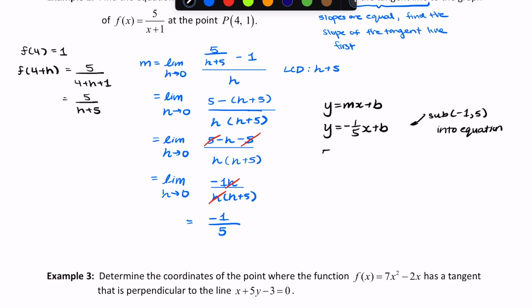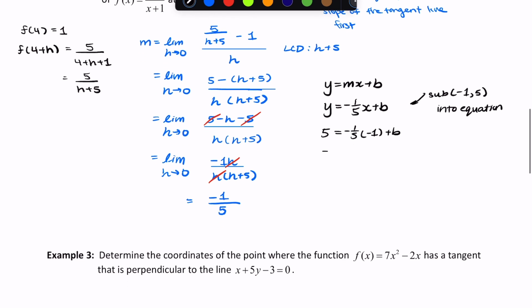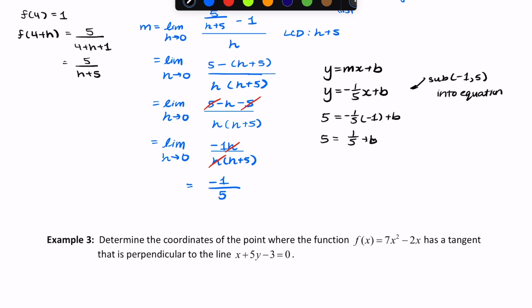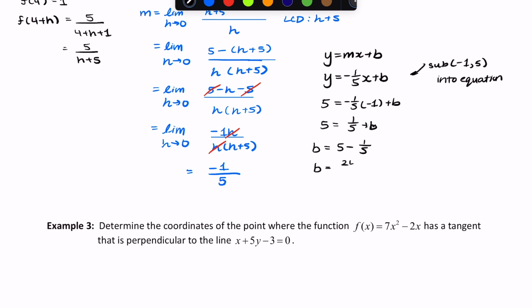So 5 is equal to -1 over 5 times -1 plus b. 5 is equal to 1 over 5 plus b. b is equal to 5 minus 1 over 5. b is equal to 24 over 5.